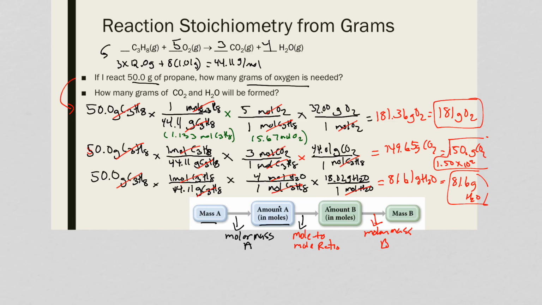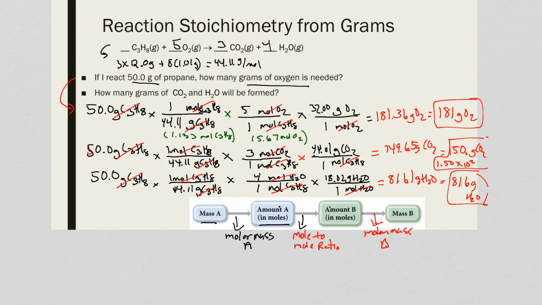We have to convert that into moles so that we can use our balanced equation to translate that into moles of something else using the coefficients, our mole-to-mole ratios. And then we can, if desired, express that in terms of grams. Sometimes the problems may ask you to stop with moles of whatever we're trying to figure out, moles of oxygen or CO2. Other times it may ask you to do grams. But we have this pattern.